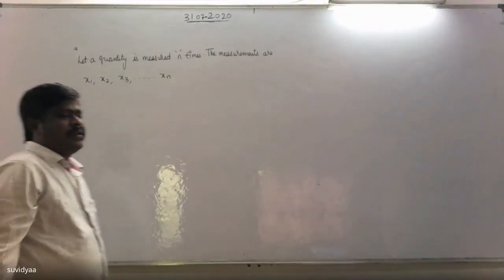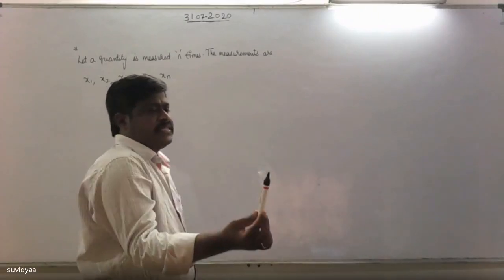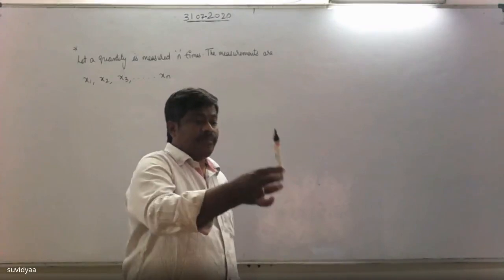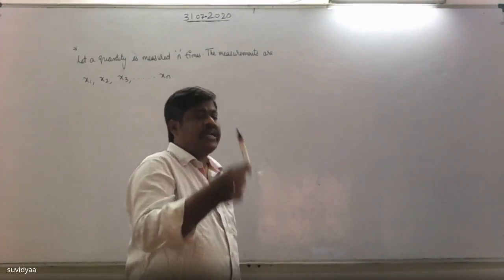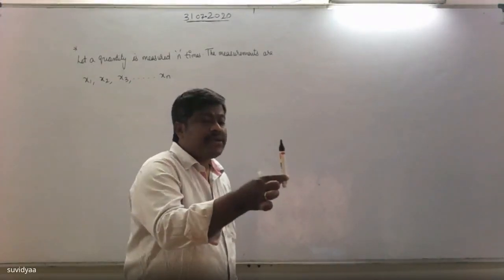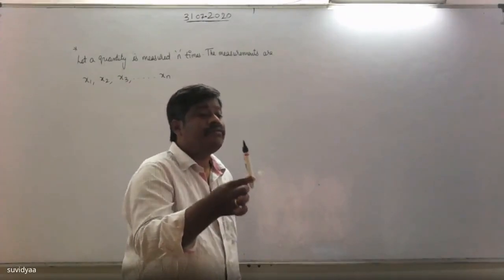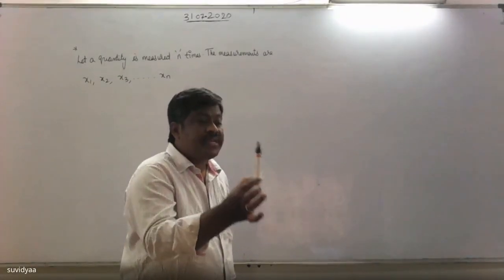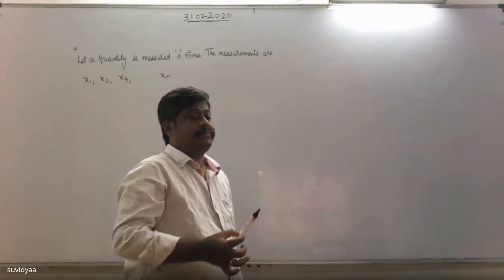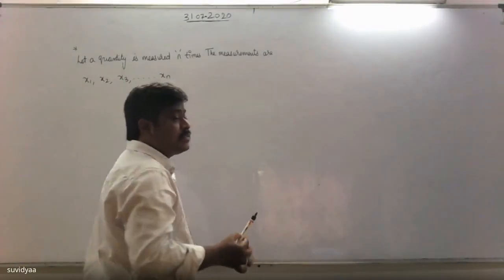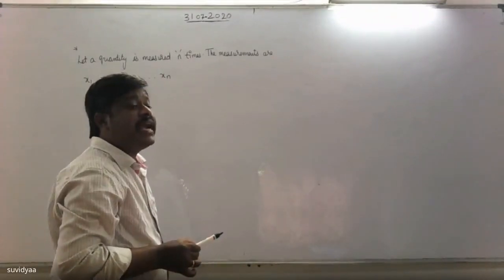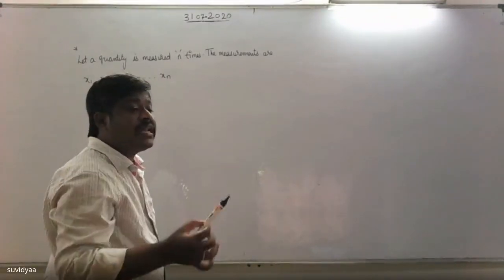Understood? Simple. For example, take this. What we are studying is, suppose we have taken the measurement of this marker pen. How many times? N times. So what are the readings?